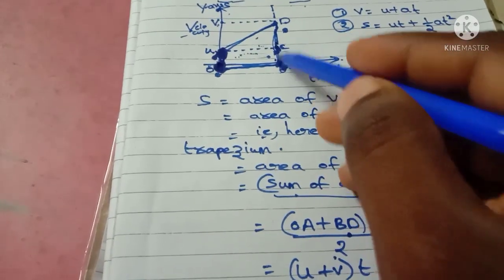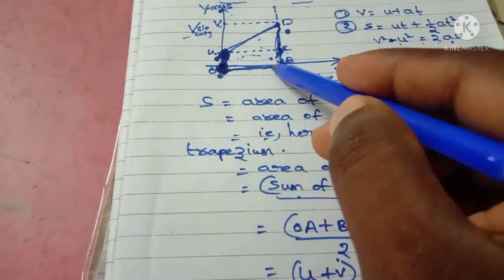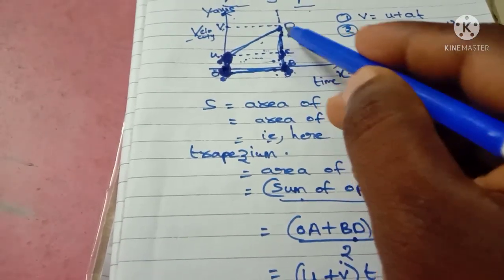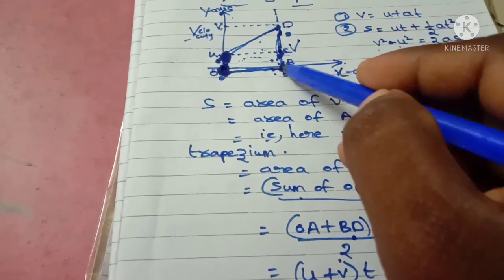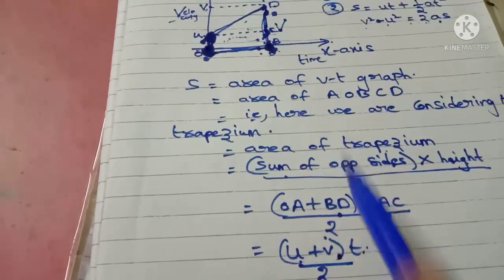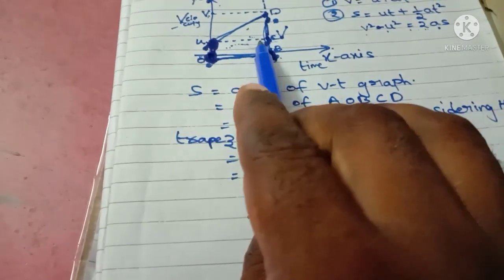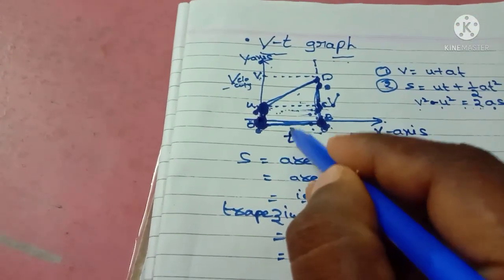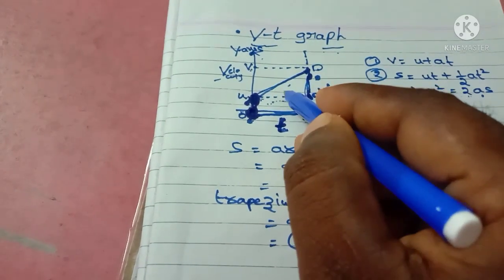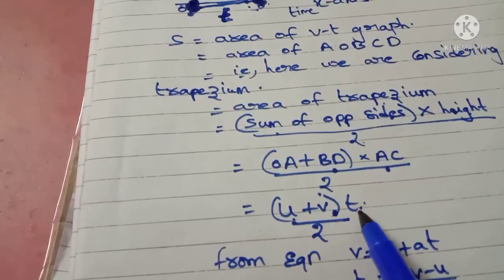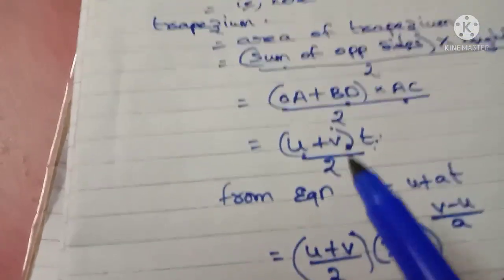BC is v, and total length BD is v. So u plus v into, what is AC? AC, this dotted line, represents t, time. So the height AC is t, divided by 2.